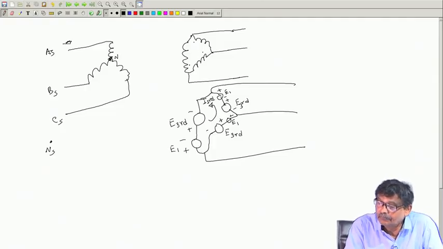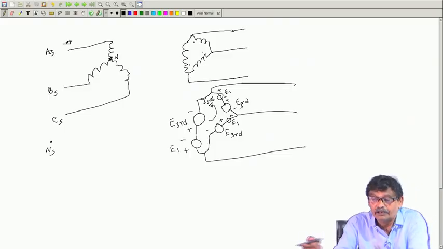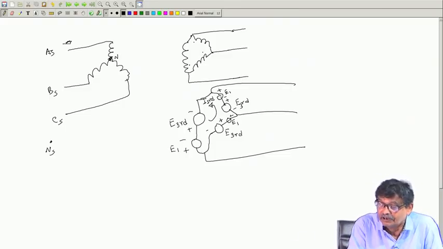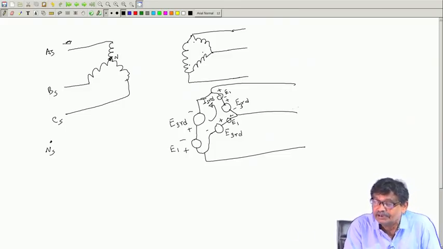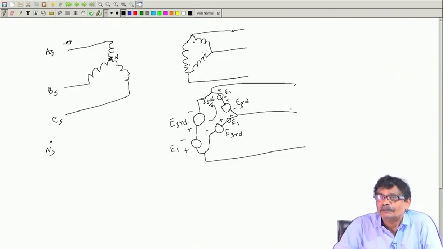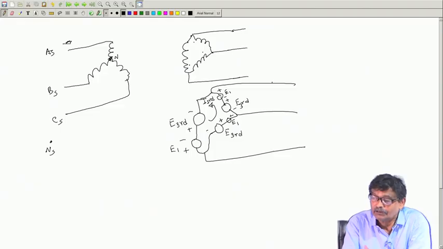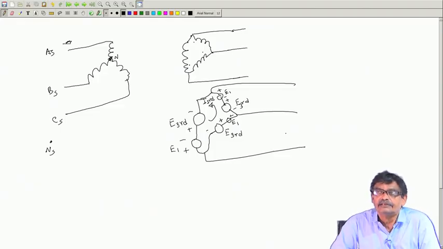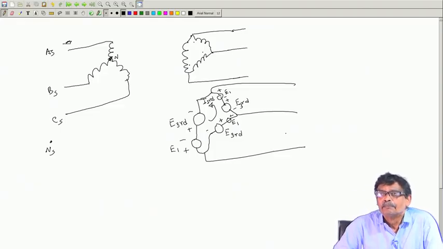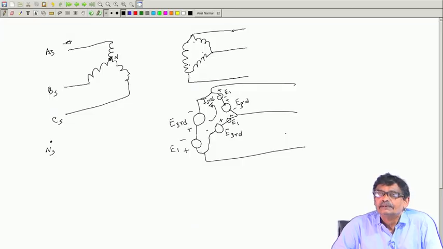And this current will not be reflected in the lines, because in the lines there is no path for return, that is, E third will come here and find a path here, no, that is not possible. So, even if you connect a load, only the fundamental component can exist in the 3 lines, they cannot have any third harmonic current.